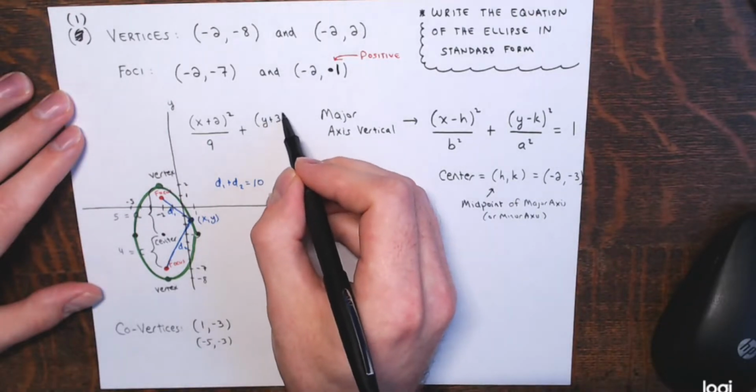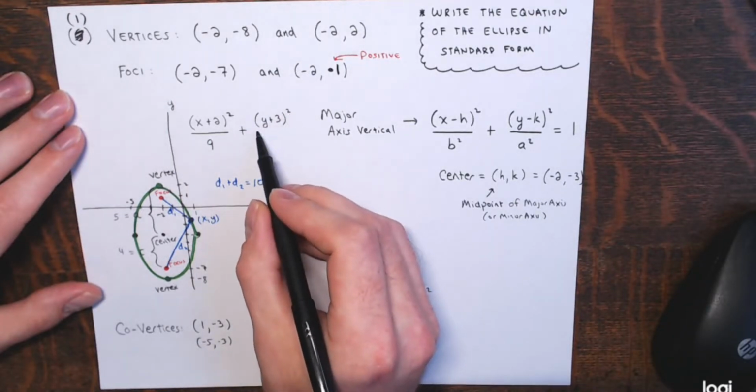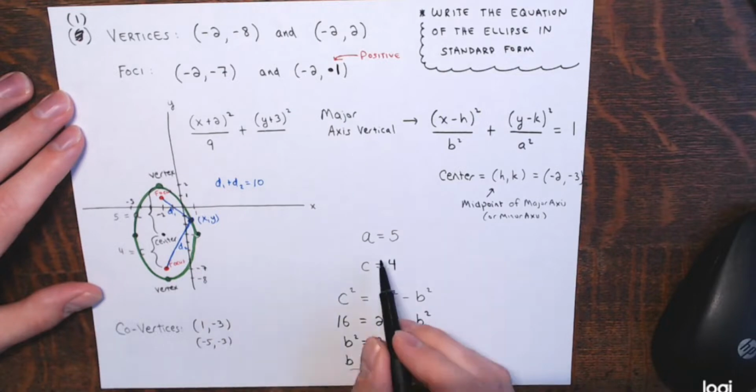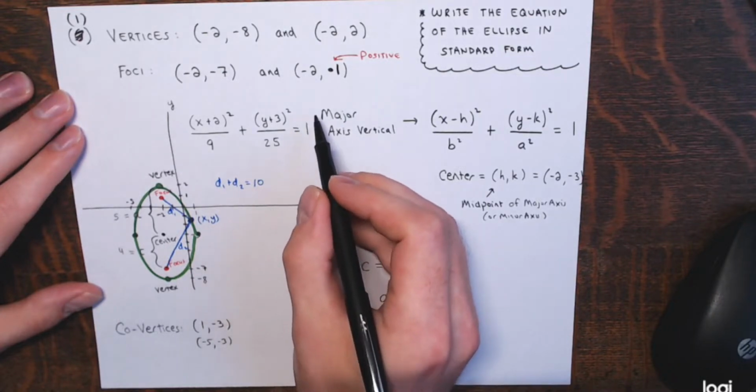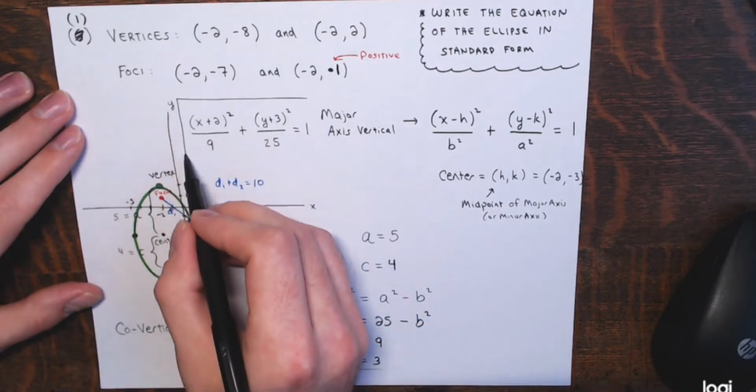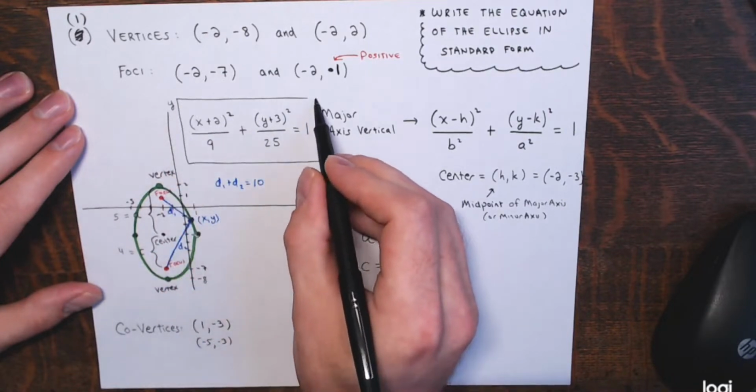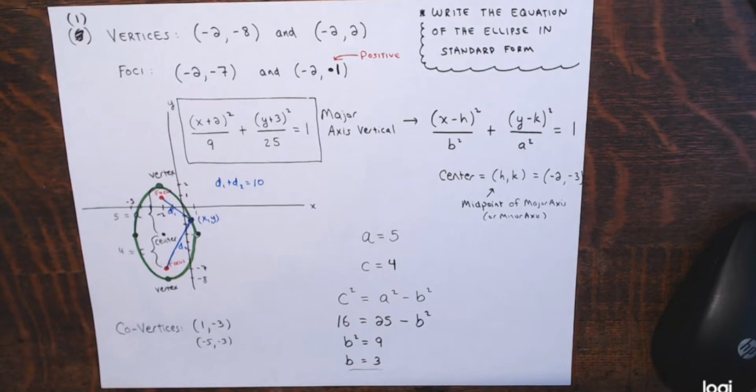So you have y plus 3, that quantity squared, divided by a squared, which is 25, equals 1. And this is what we wanted. There's the equation of this ellipse in standard form.